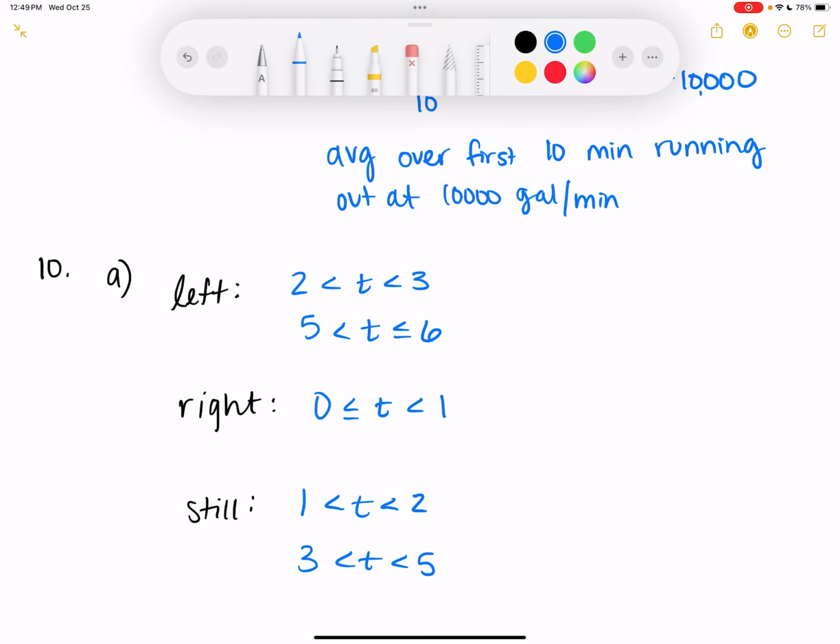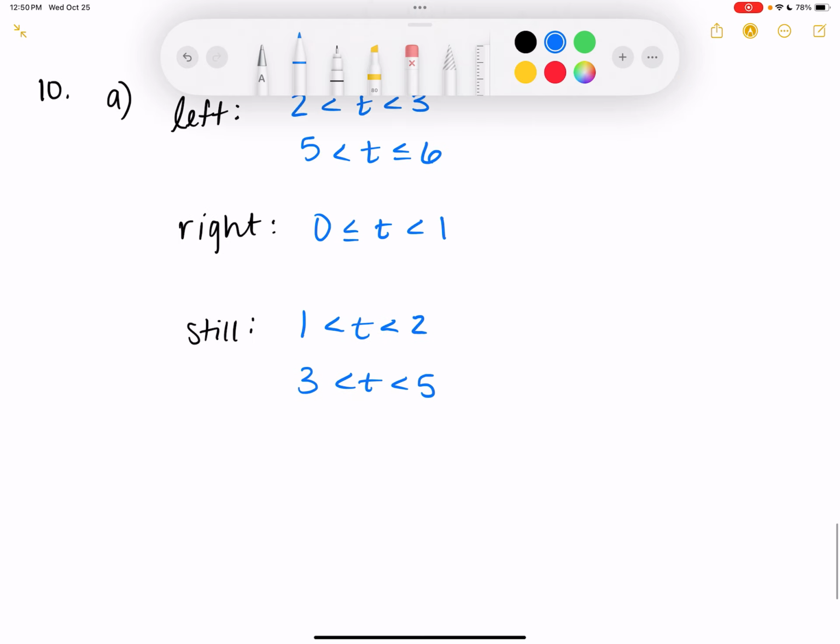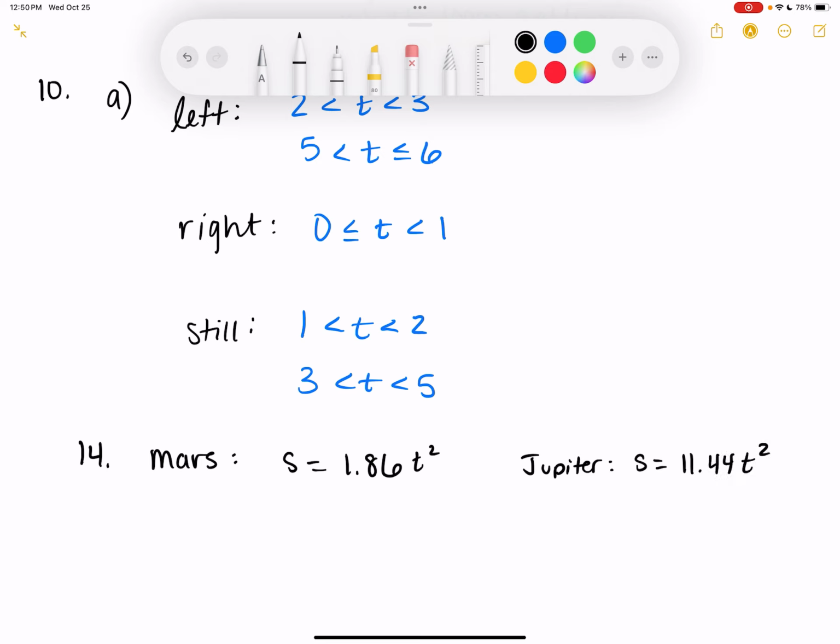So I'm given the position functions. For Mars it is S equals 1.86 T squared, and for Jupiter, S equals 11.44 T squared. So ultimately, I'm looking at velocity.